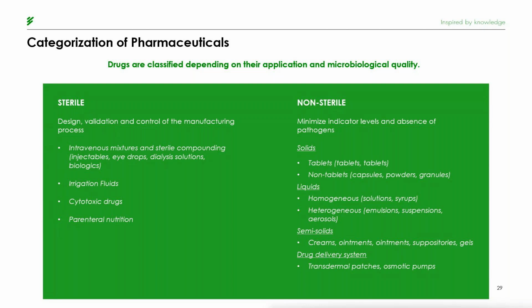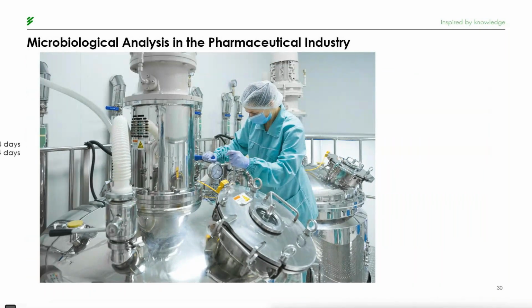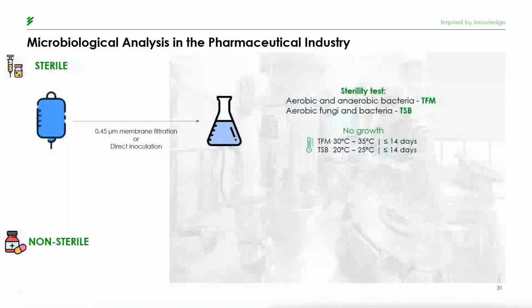So now let's address in a general way the analysis to be carried out by the final product type. For the sterile ones, we have the sterility test. For this, we put the sample through a membrane filtration or even a direct inoculation, depending on the product.